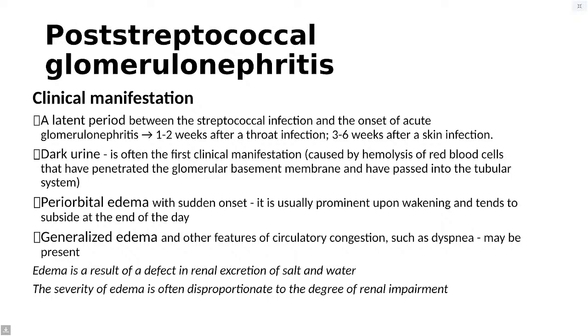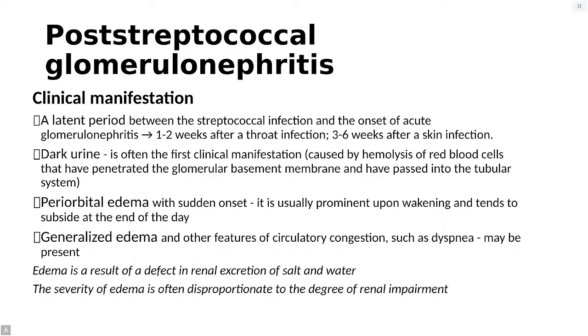What we can see, dark urine, is often the first clinical manifestation. The dark urine is caused by the hemolysis of red blood cells that have penetrated the glomerular basement membrane and have passed into the tubular system.